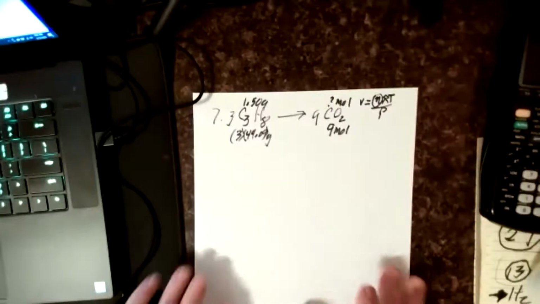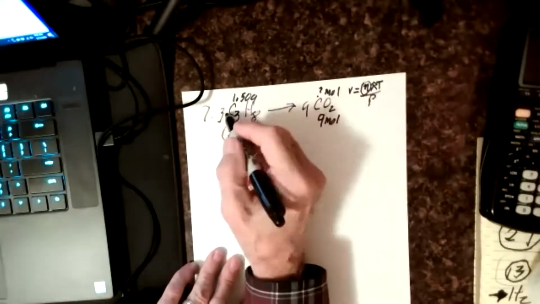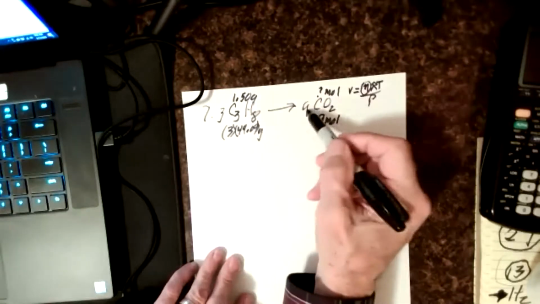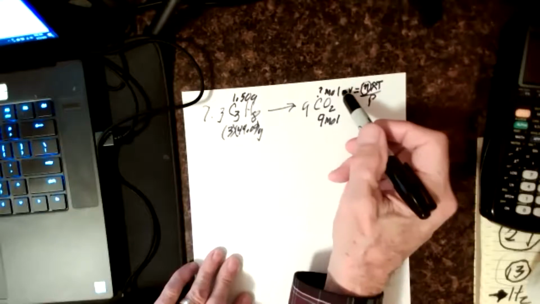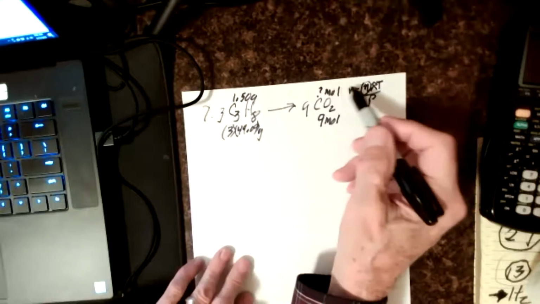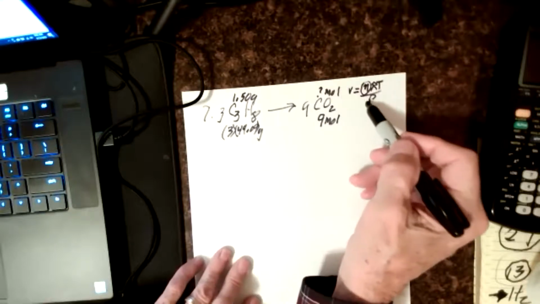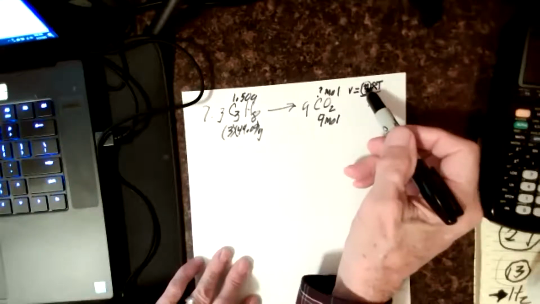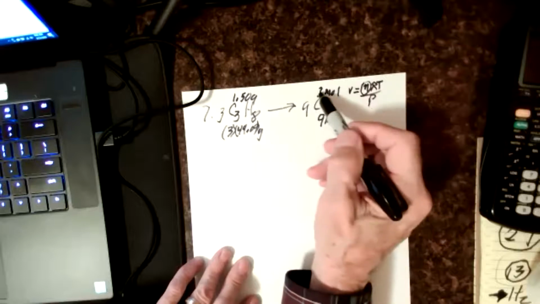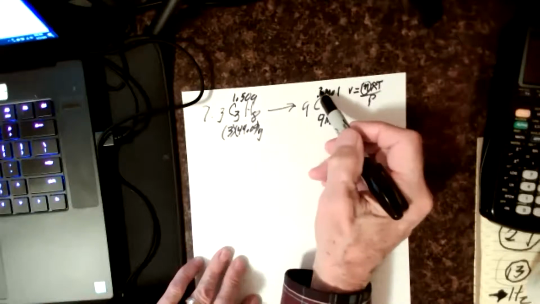There you go. Now, okay, so here's the setup. I had 3 propanes to go to 9 CO2s. The problem wanted to know what volume of the CO2 at some temperature and pressure. So I'm going to get that from the ideal gas equation. V is nRT over P, which means I need to know the number of moles. So I'm going to solve my problem first in moles.